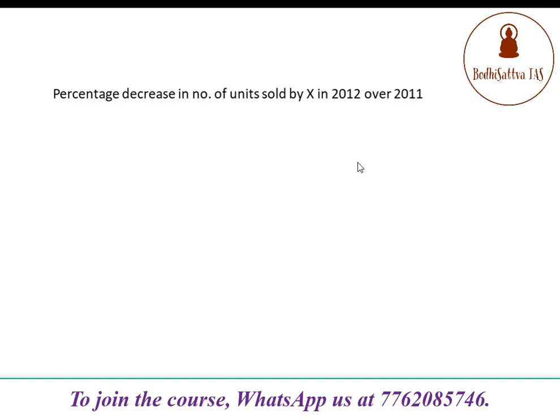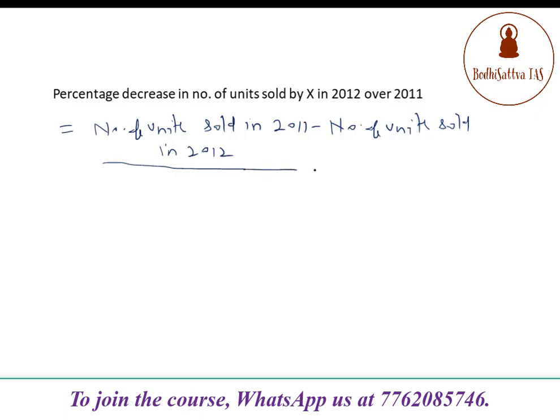The percentage decrease in the number of units sold by X in 2012 over 2011 will be given by the number of units sold in 2011 minus the number of units sold in 2012, so the difference of the number of soaps sold in both years, divided by the number of units of soap sold in 2011.